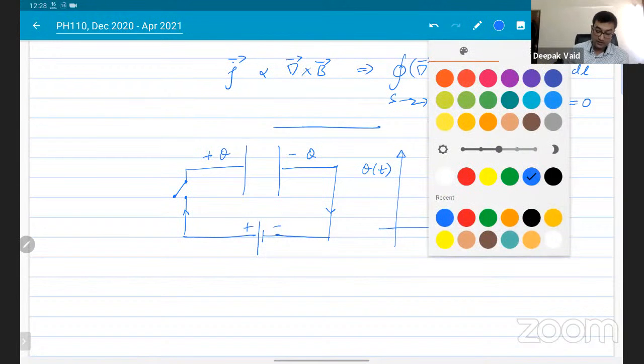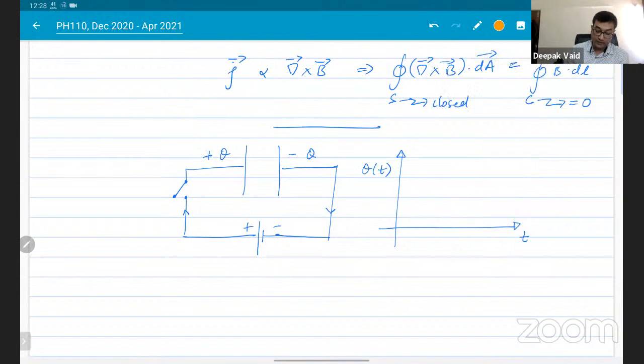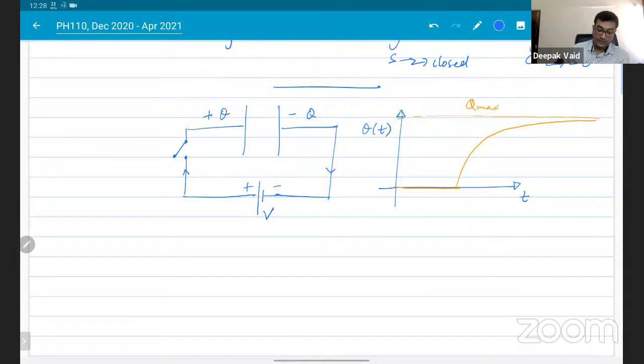So what happens to the charge? Well, initially the switch is open, so the charge is 0. Then I close the switch. What happens to the charges on the two plates? The charge starts increasing. They start getting charged up, and they reach some maximum value. What is the maximum value?